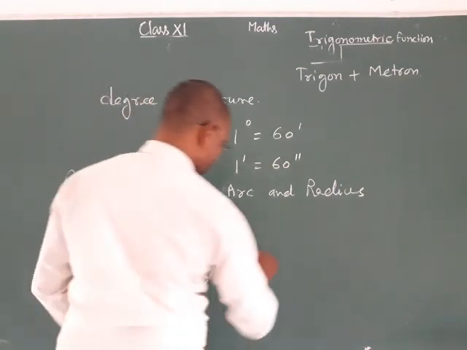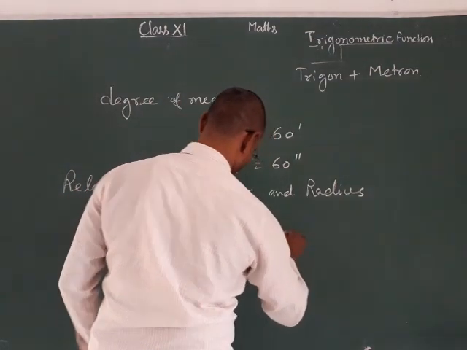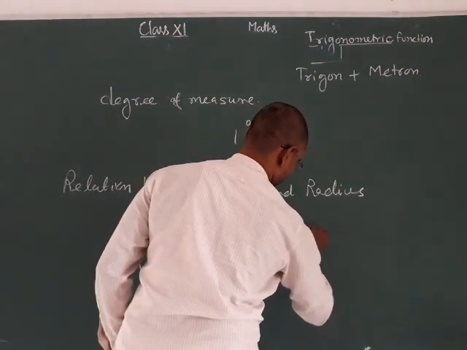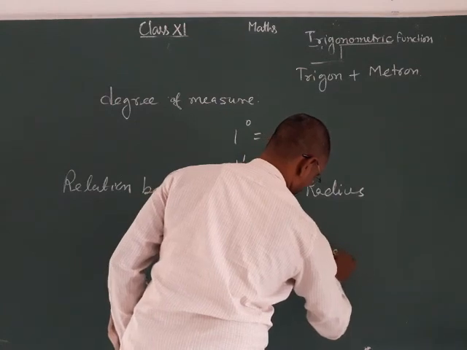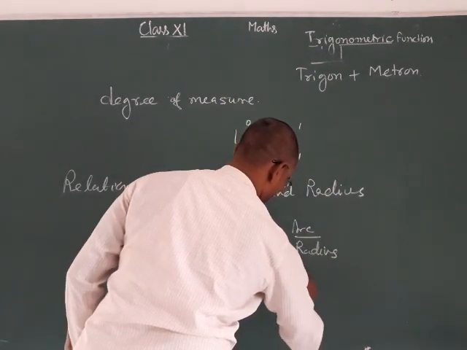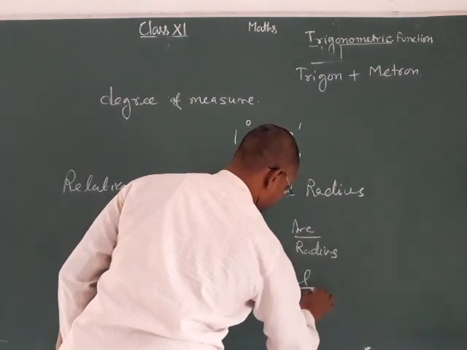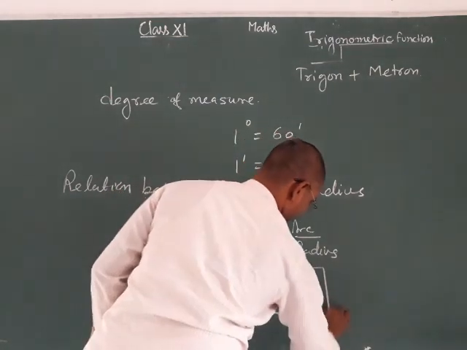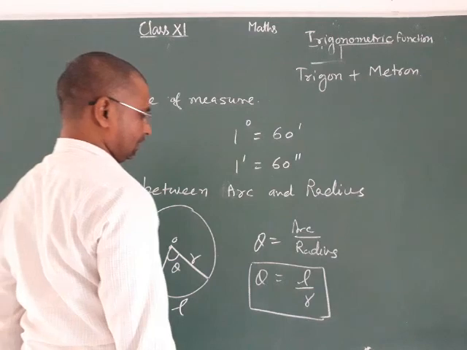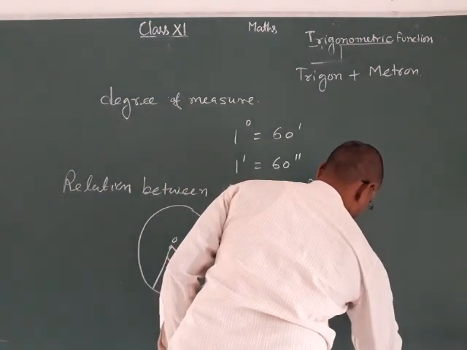So theta is equal to arc upon radius. So arc L, radius R, and theta is equal to this in radian.